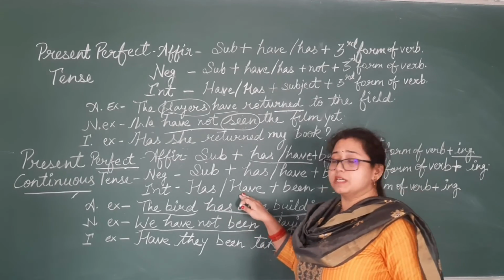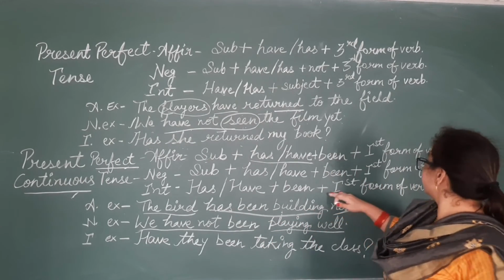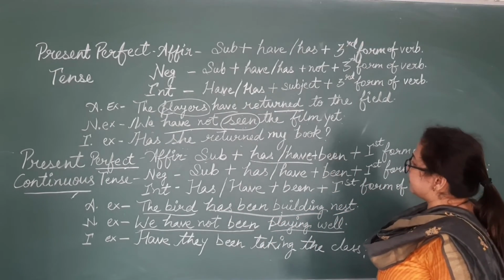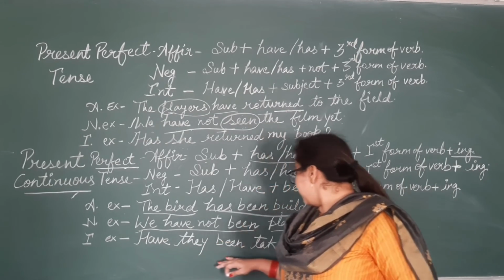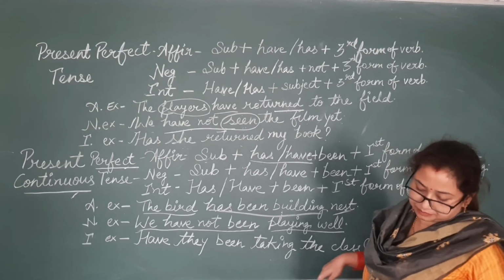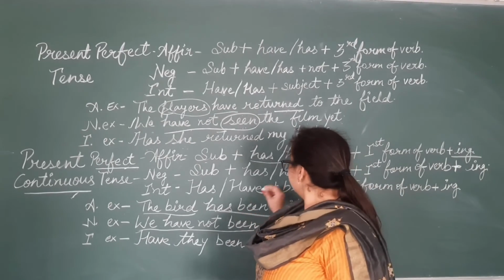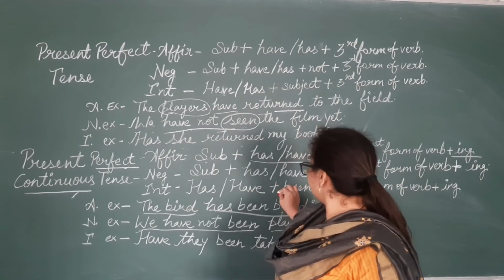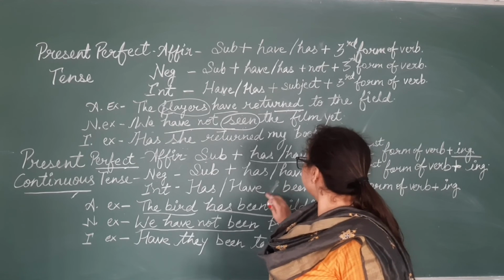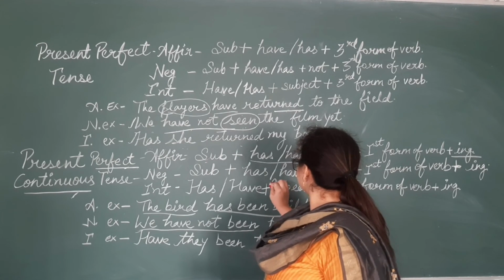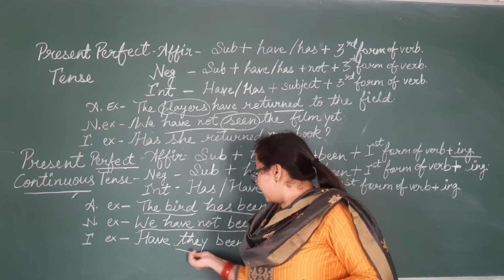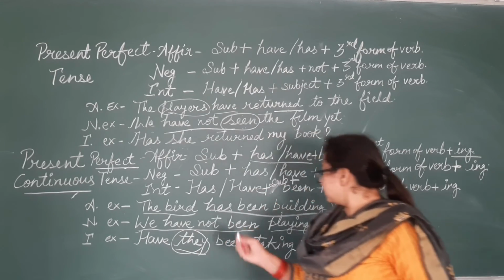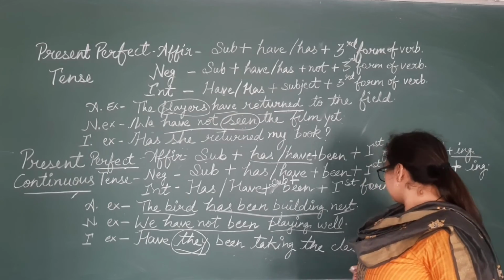Has or have should be first, plus been, plus the first form of the verb plus ing. Example: have they been taking the class? Here we have the subject with has or have. Have they, this is our subject, been taking the class.